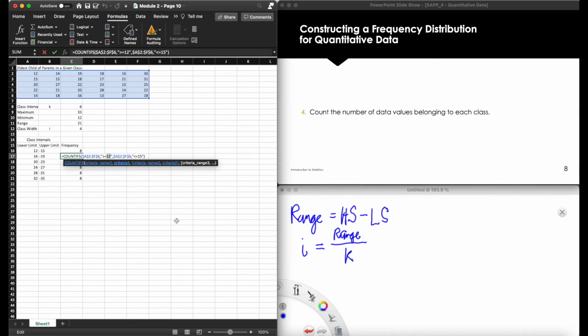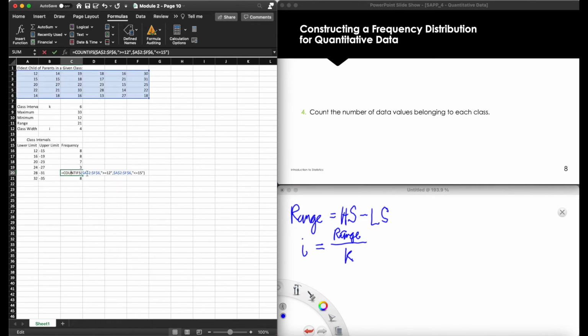So instead of 12, this becomes 16. Instead of 15, this becomes 19. The answer is still 8. Here for 20 to 23, this becomes 20, this becomes 23. So there's nothing wrong with our data or our function. 24 to 27, so let's go 24 to 27.